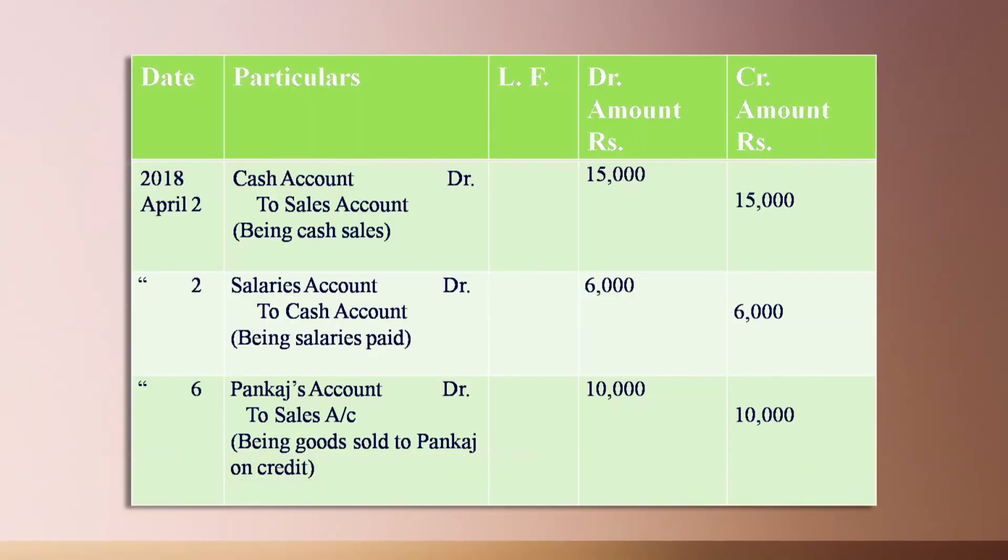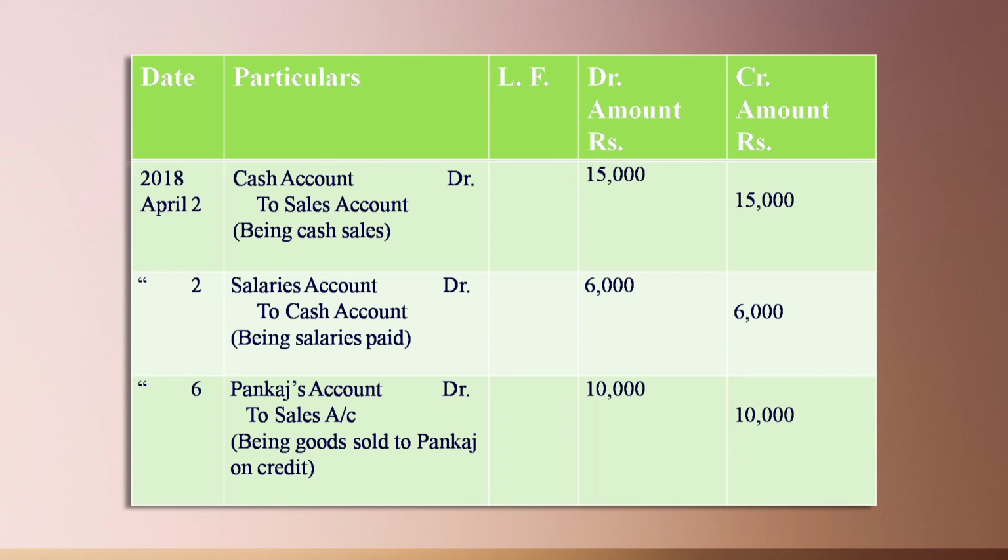Now you see the next transaction, it is Pankaj account debit to sales, 10,000 rupees. So Pankaj account has been debited 10,000. So we will write in the debit side of Pankaj account 10,000, and we will write 10,000 in the sales account.